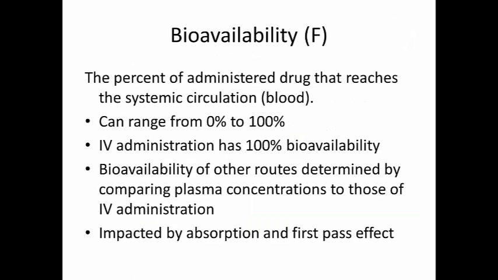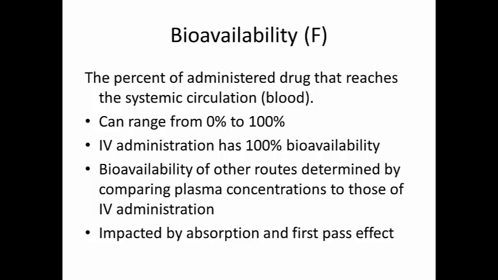The bioavailability is defined as the percent of administered drug that reaches the systemic circulation, the circulating blood. Bioavailability can range from 0 to 100% depending on how well it is absorbed. Because IV administration directly enters the systemic circulation, it will have a bioavailability of 100% for all compounds.